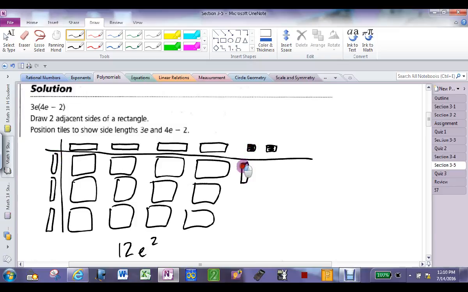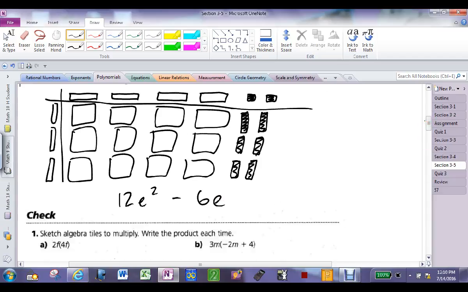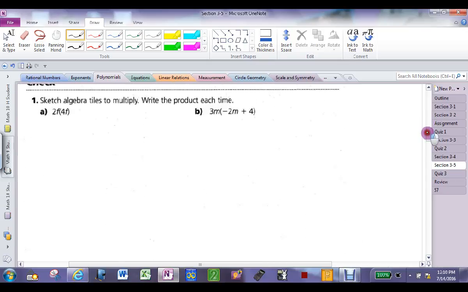Negative. Negative wins. What do we get there? Negative 6. Minus 6e. Can everybody do it? Everybody can do it? With a rectangle? Okay. I'm going to choose to believe you.